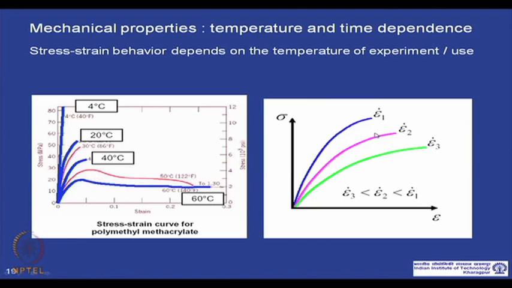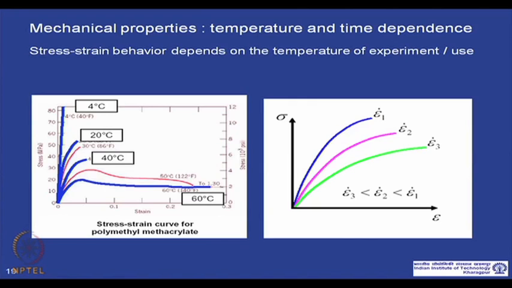So, basically you must know that the mechanical properties of polymers, for example, stress strain curve and other mechanical properties, are very much dependent on the temperature of the experiment, and finally, where this material is applied.